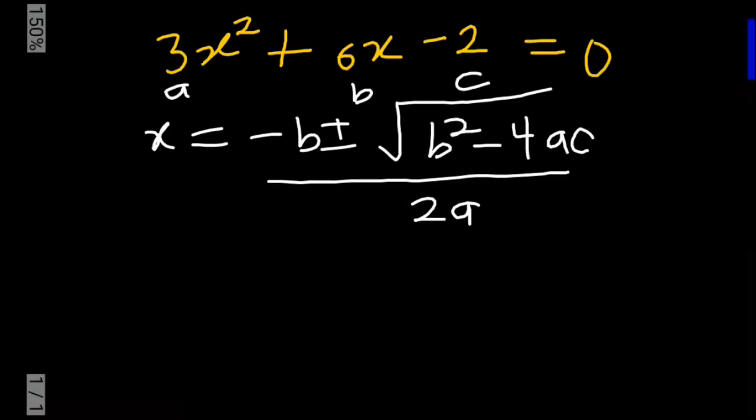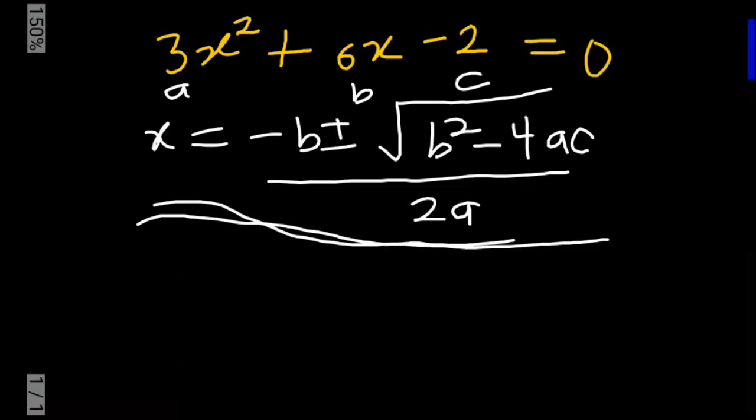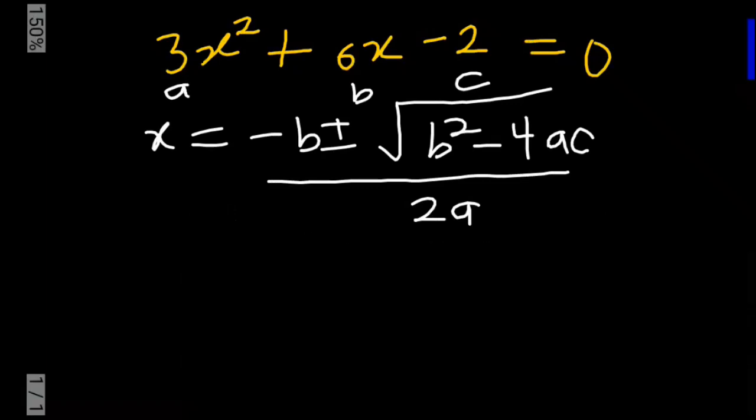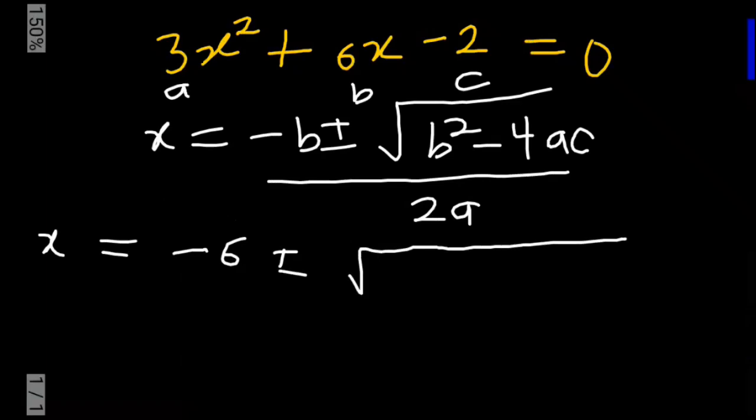If we input this into the formula, make sure you understand and know this formula, and you can write it down at any time. So we have x equals minus b, and our b is 6, so negative b is minus 6, plus or minus the square root of b squared. b is 6, and 6 squared is 36.